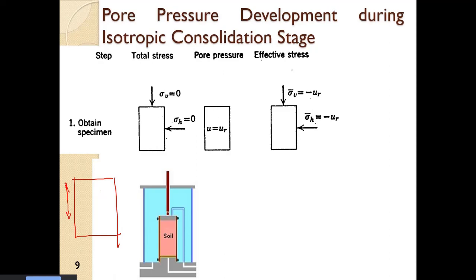It is at a depth Z, and there was a water table. So gamma w h is the pore water pressure.